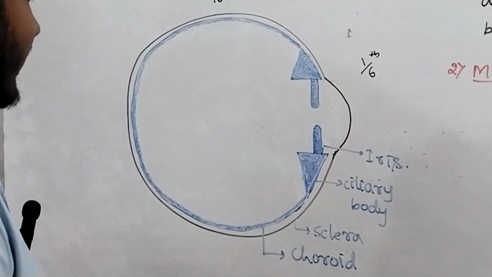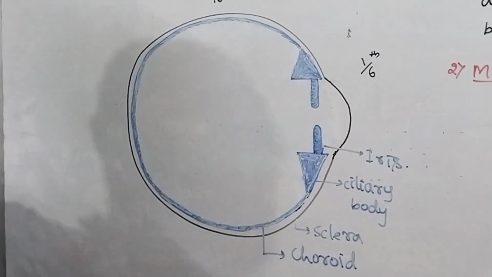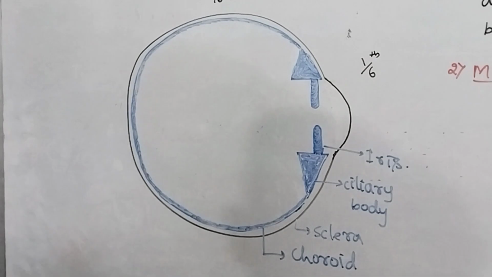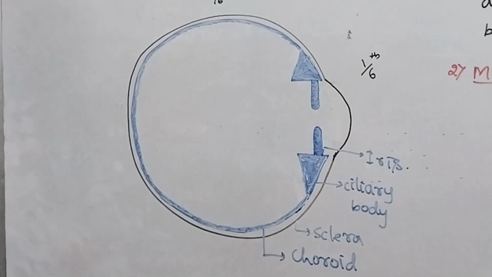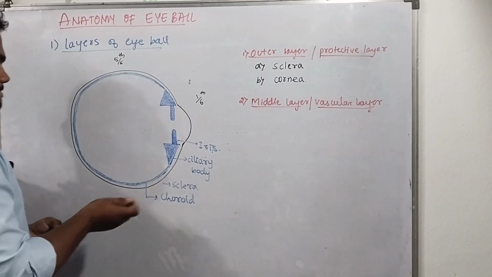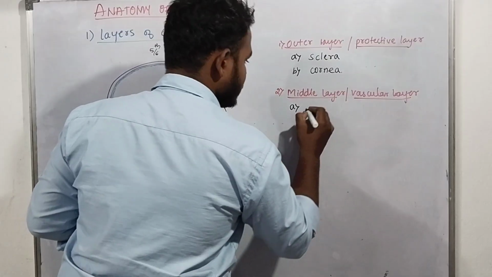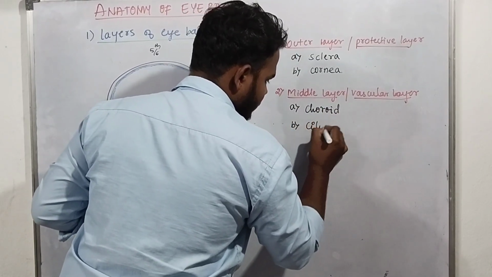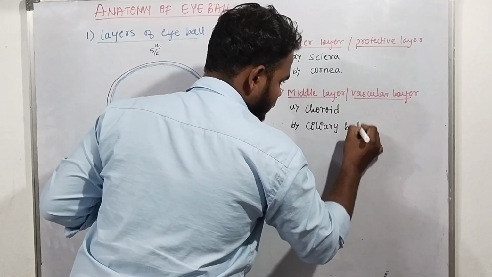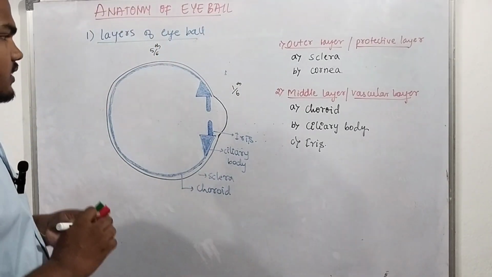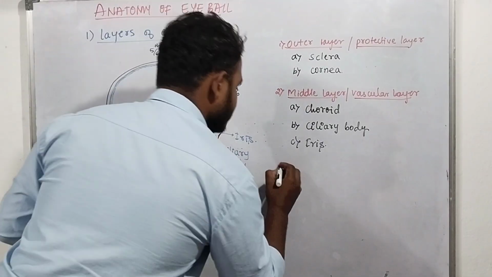Now, the second layer, that is the vascular layer, consists of choroid, ciliary body, and iris.